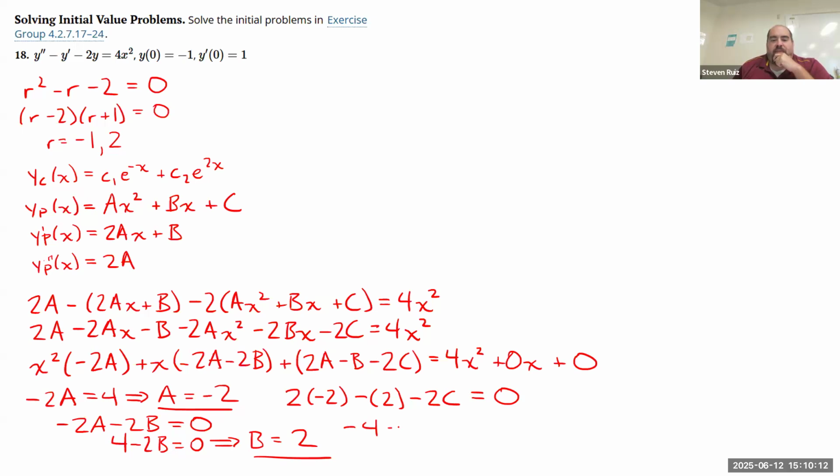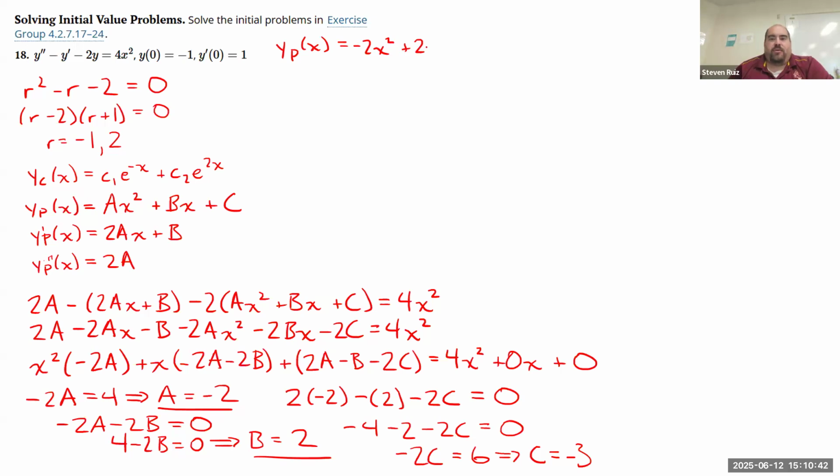So negative 4 minus 2 minus 2c equals 0, minus 6. So negative 2c equals 6. C equals negative 3. All right. So all told, we have this. Particular solution is negative 2x squared plus 2x minus 3.